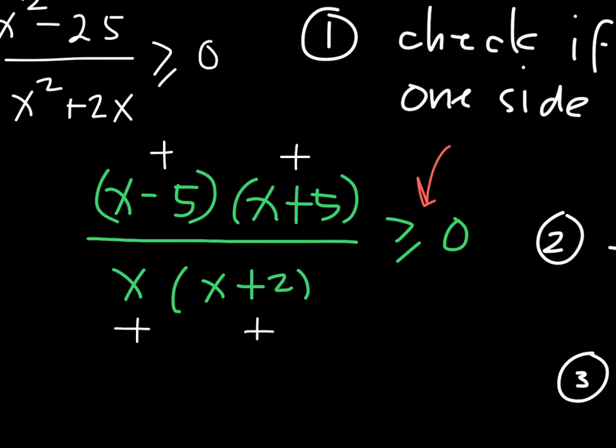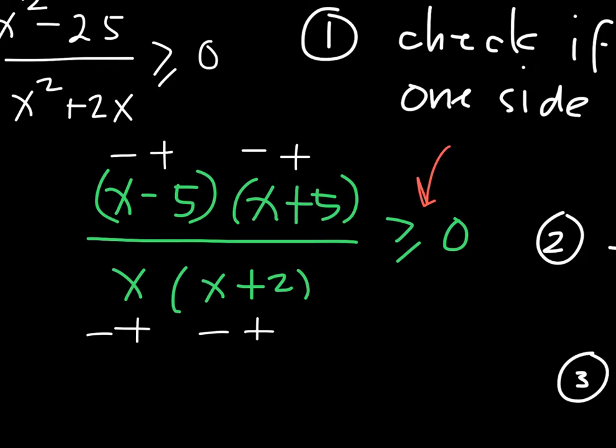But that's not the only case. We can also have all the expressions negative, meaning negative times negative is positive, and negative and negative in the denominator is also positive. So a positive numerator over a positive denominator is positive, which means greater than or equal to 0.